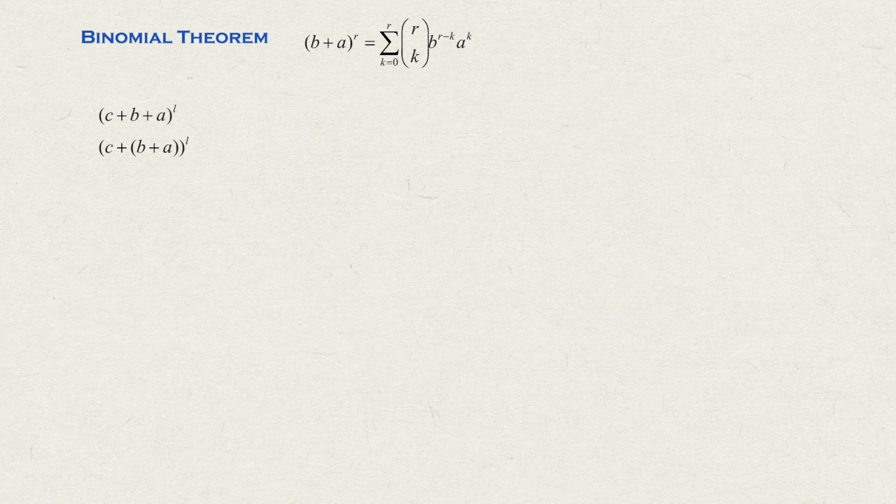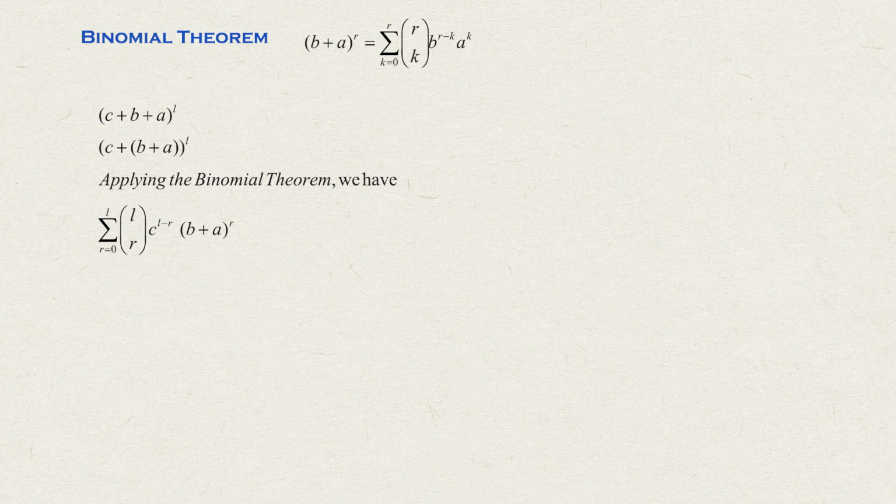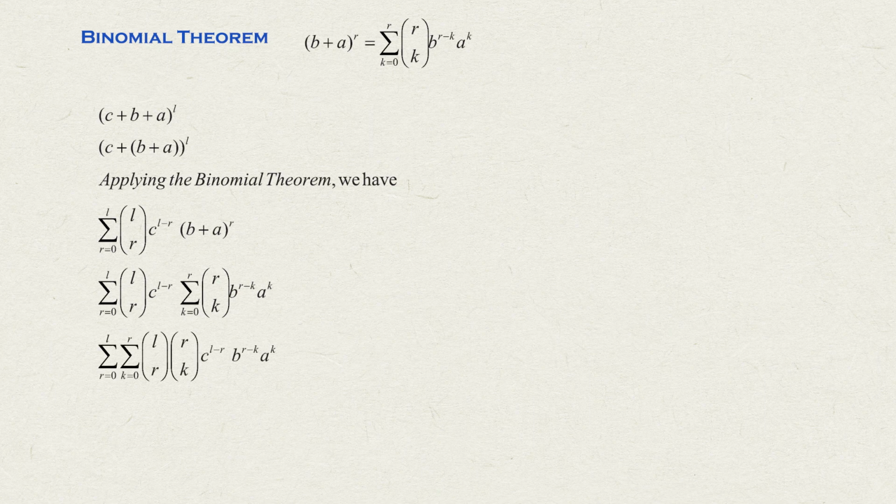We now have c plus the second term b plus a to the power of L, and applying the binomial theorem, we have what we see here. And notice we already have the expansion for b plus a to the r power above, which we will substitute in, giving this new expression. Or we could write it as we see here.